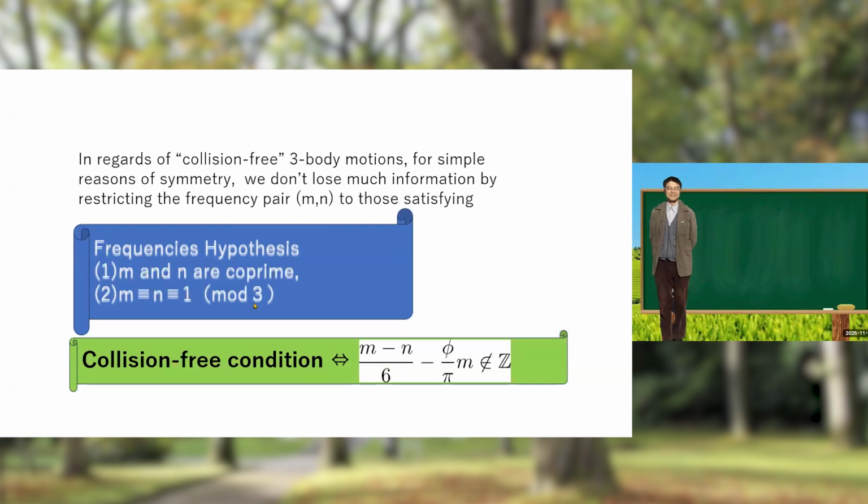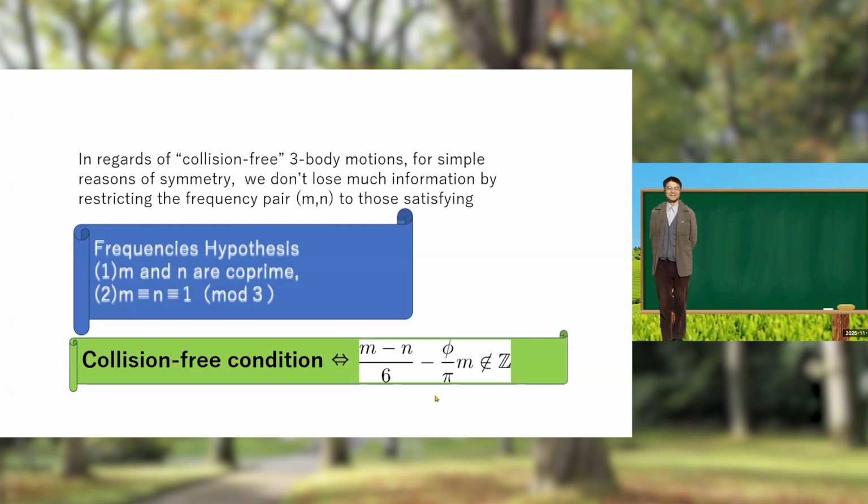Given m and n satisfying these frequency hypotheses, sometimes it could have a collision, but if phi is slightly changed, because phi is a continuous parameter, you can change the curve slightly.